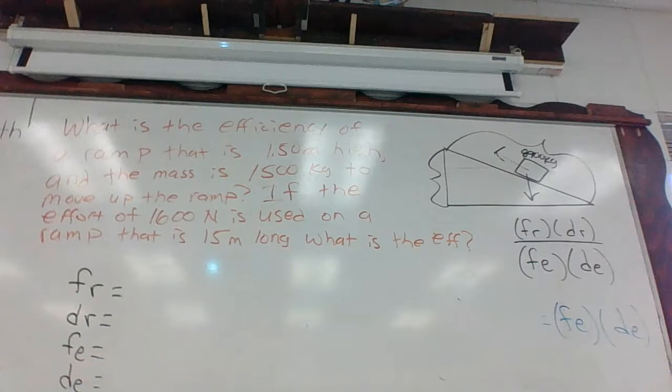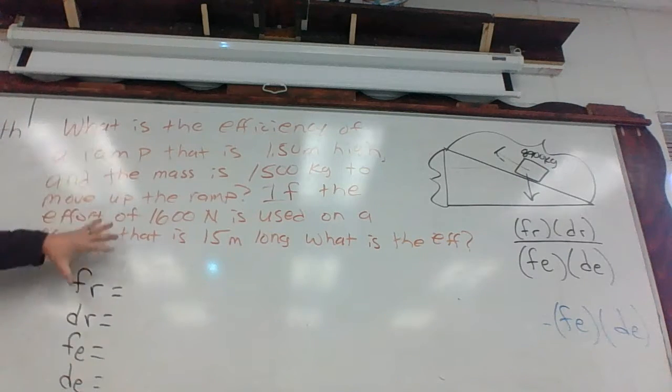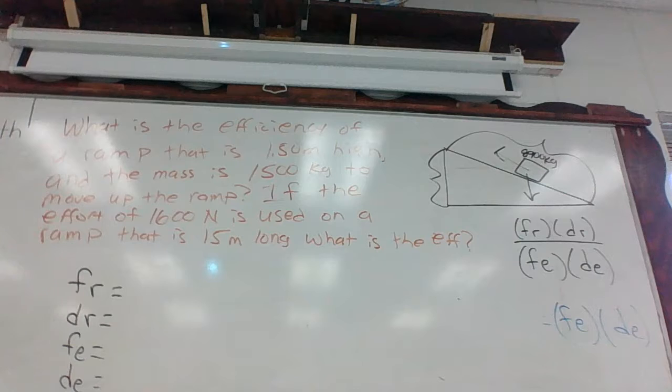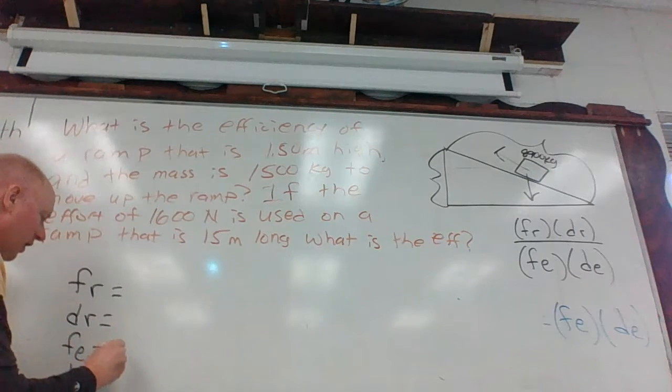Okay, so upon looking at this, where do you think you can put some of these variables? So we said the two of them are grunting and groaning and pulling and pushing, so they're putting that much effort into it. So that's 1,600.